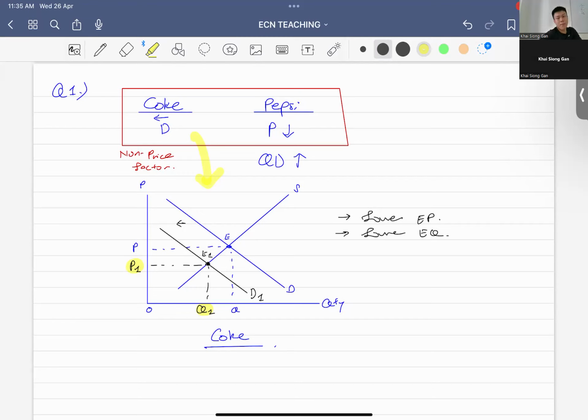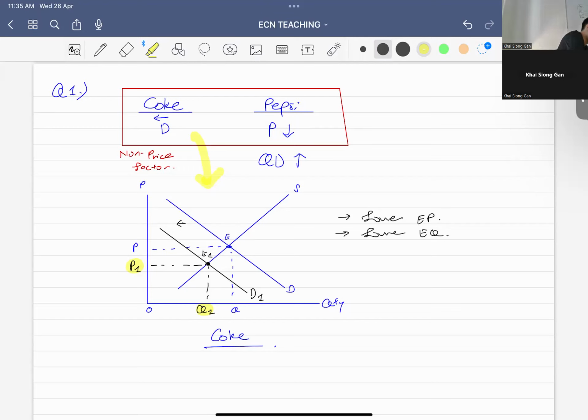Back to the diagram here, you can see the shift is because of the change in the price of Pepsi only. There is no change in the quantity demanded for Coke due to the change in the price of Coke itself. But if you really want to see a price factor here, there is one.